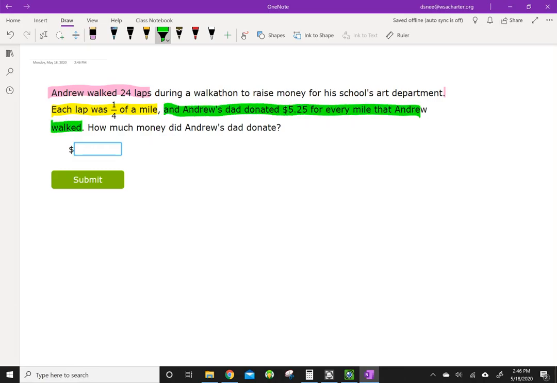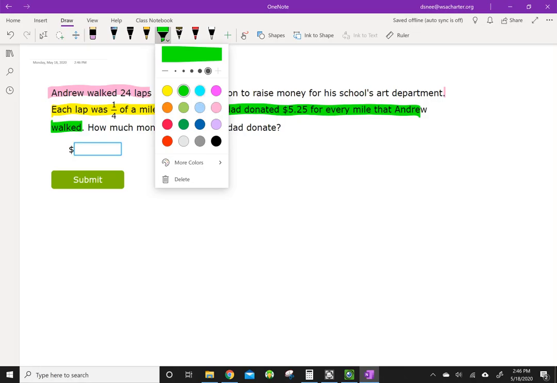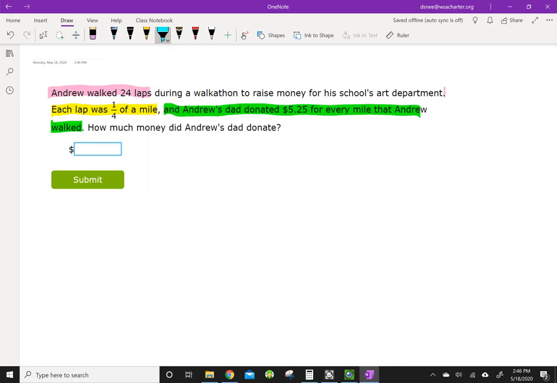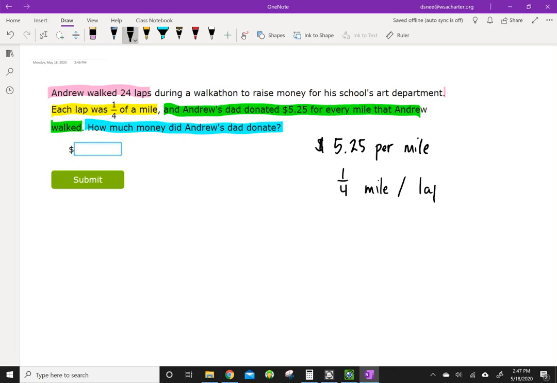Well, we're being asked to figure out how much money Andrew's dad donated. Let's see here. Andrew's dad donated $5.25 per mile, and each lap is 1/4 mile, and he walked 24 laps.